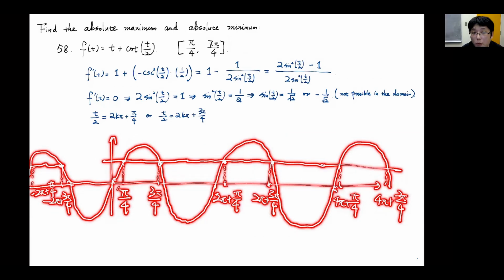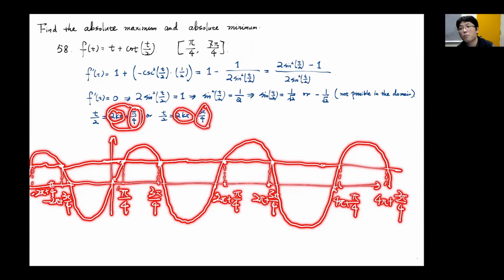So these are all the points that make the sine value 1 over root 2. This is how you get the general solution. You need to have the solution in one period, but then you need to supplement it with the multiples of the period over here. This is why we need to formulate the solution like this.